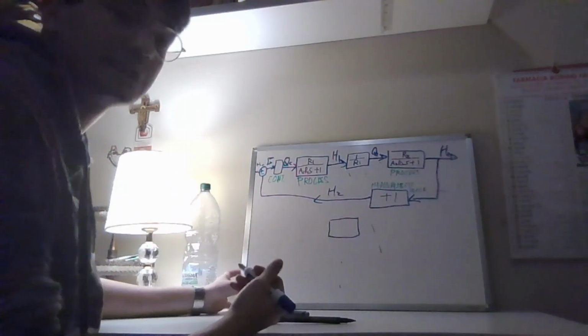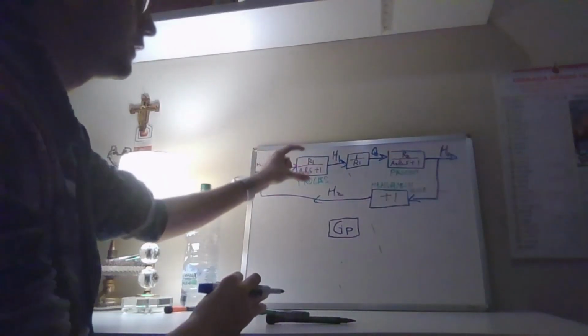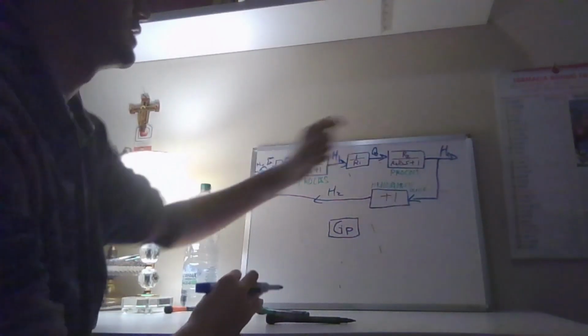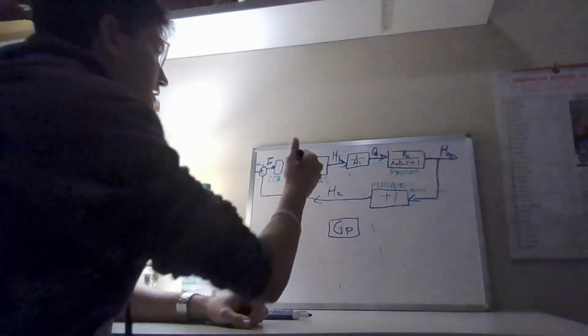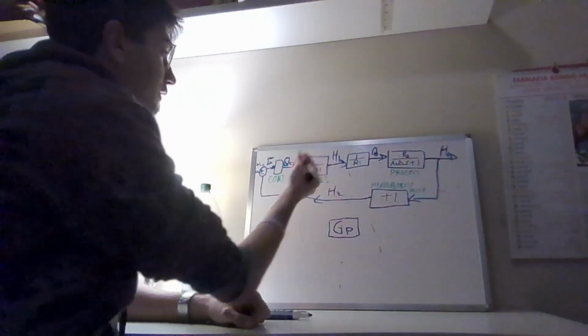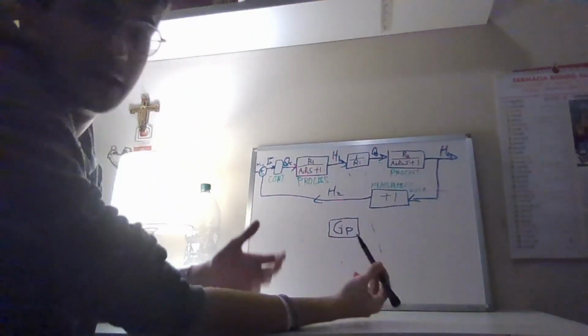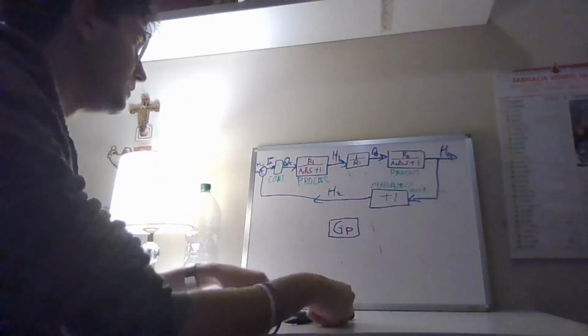So for the process, we're going to call it GP. And this accounts not only for the first process, but this entire transfer function, which we recall as the forward process, this entirety here from QC all the way to H2. And that is what we want to simplify.